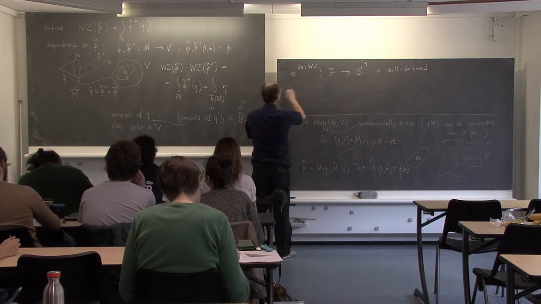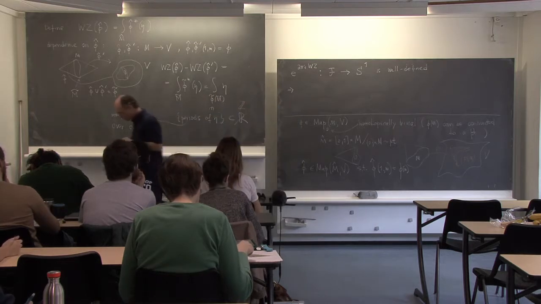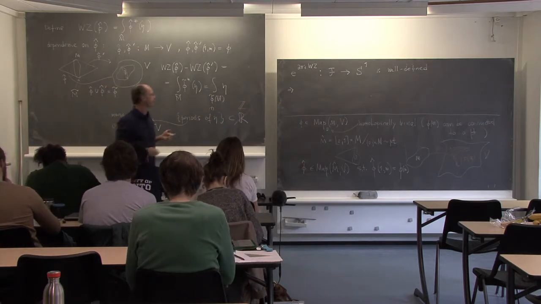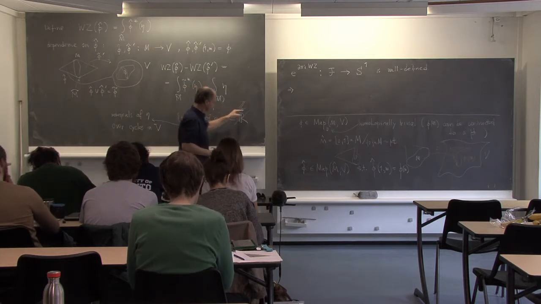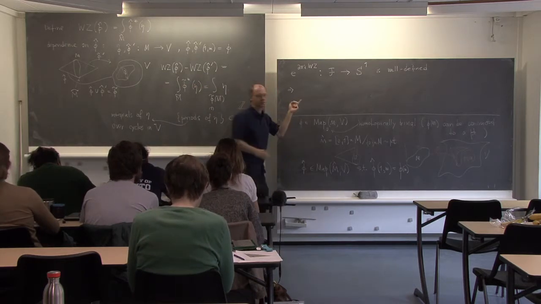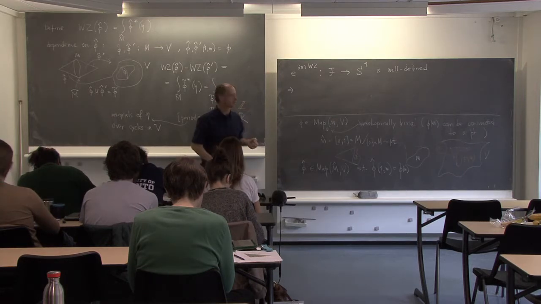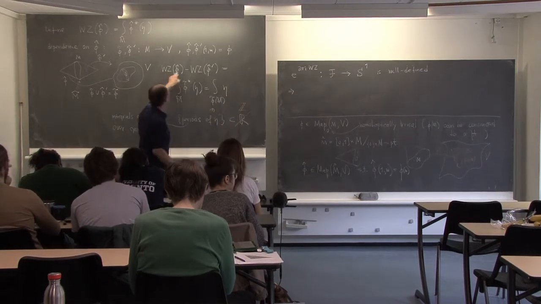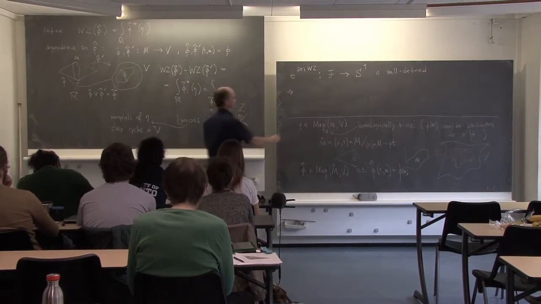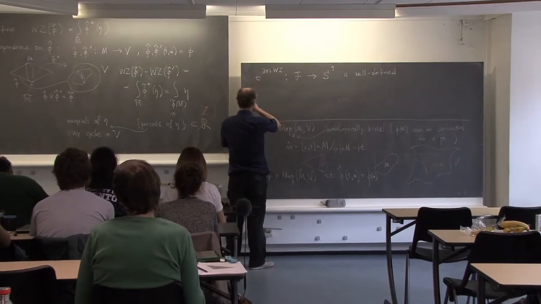Perhaps one more corollary of it. So we were thinking of variational calculus or differential calculus on the space of fields. So WZ is not well defined in general because there is this ambiguity.